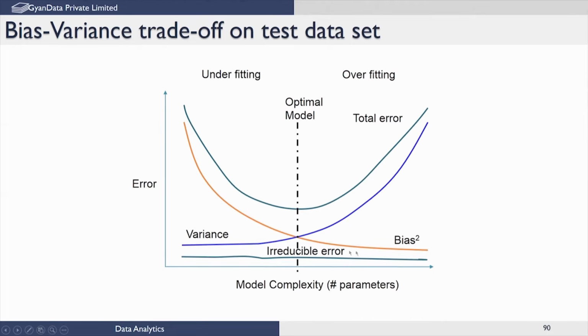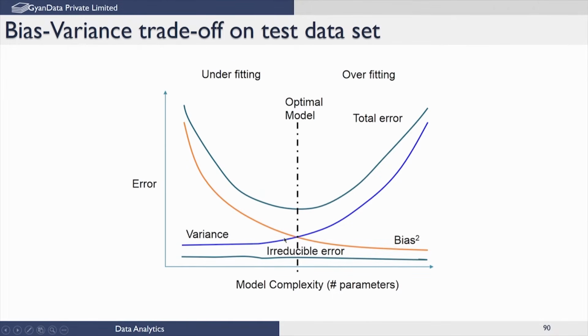Typically there are two measures for determining the quality of the model. One is the bias in your prediction error, and if you increase the number of parameters of the model, the squared bias term will start decreasing. However, the variability in your model predictions will start increasing as you increase the model complexity.